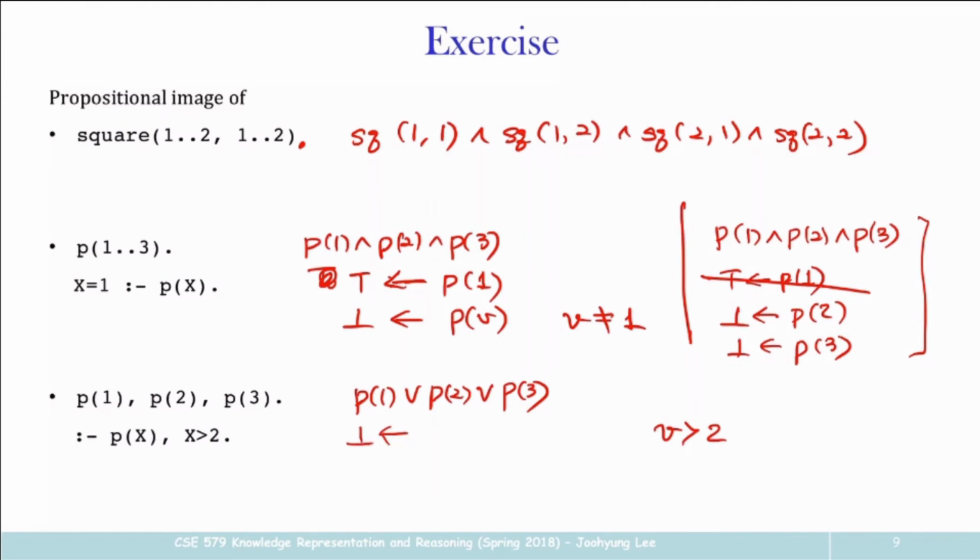Bottom if p of v and top. Yes. So whenever v, the value that you're substituting, is greater than 2, this is the case. What about the other one? It's actually symmetric, so this will be bottom if p of v, when v is less than or equal to 2. Good.